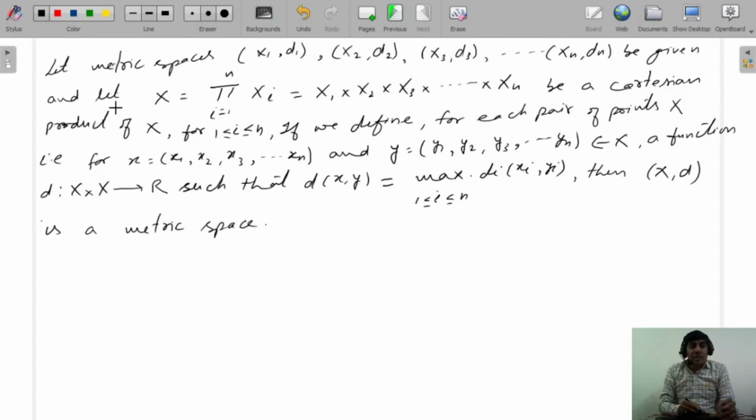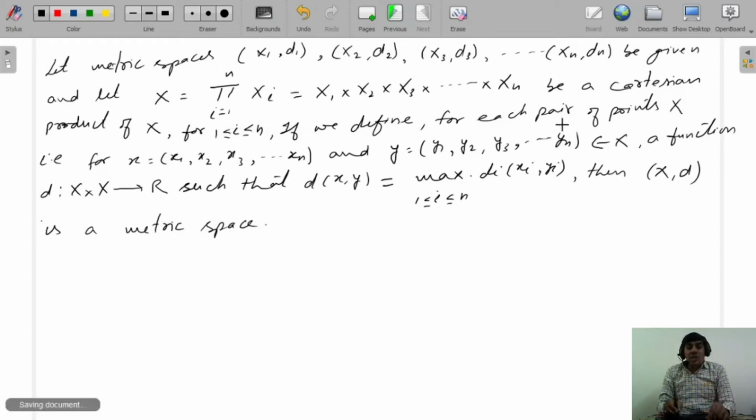Once again, I repeat the question. Let metric spaces (X1, d1), (X2, d2), (X3, d3) up to (Xn, dn) be given. That means n metric spaces X1, X2, X3 with metrics d1, d2, d3, dn respectively are given. Capital X is the Cartesian product of X1, X2, X3, Xn. We denote it by capital X, i varies from 1 to n.